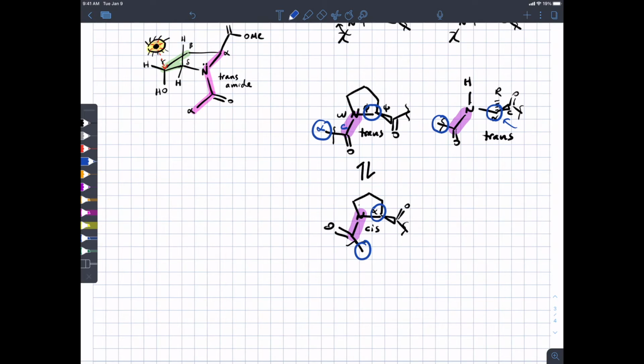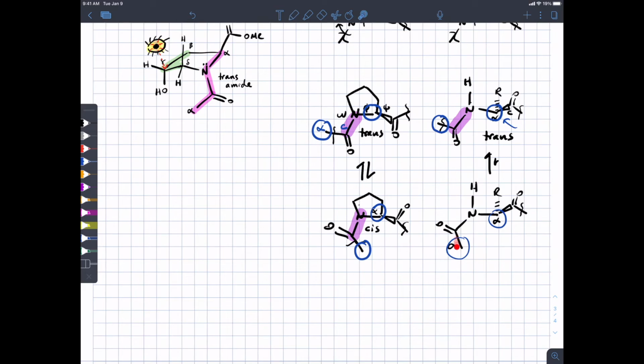Normally, and we could draw the cis conformation, I guess, for a regular amino acid, but normally the cis conformation around the amide bond would be unfavorable because of sterics.